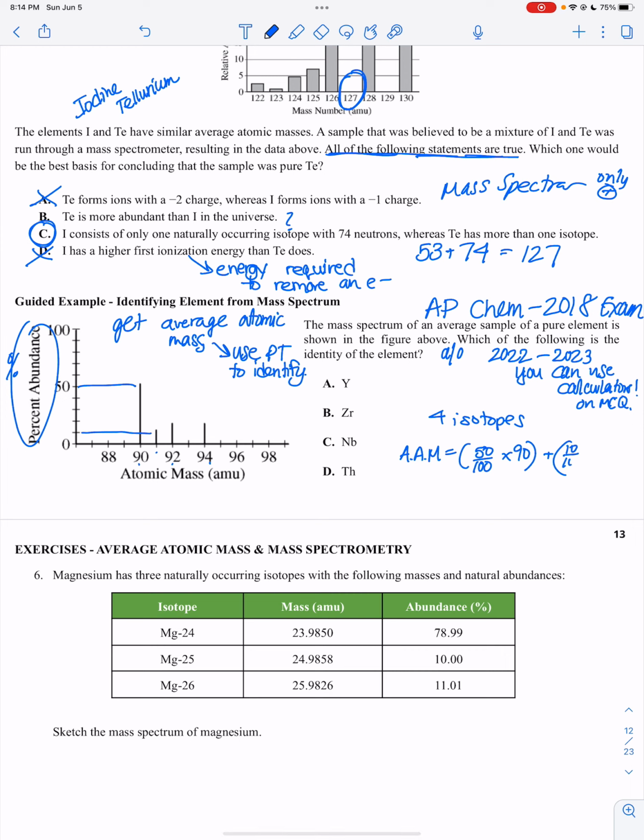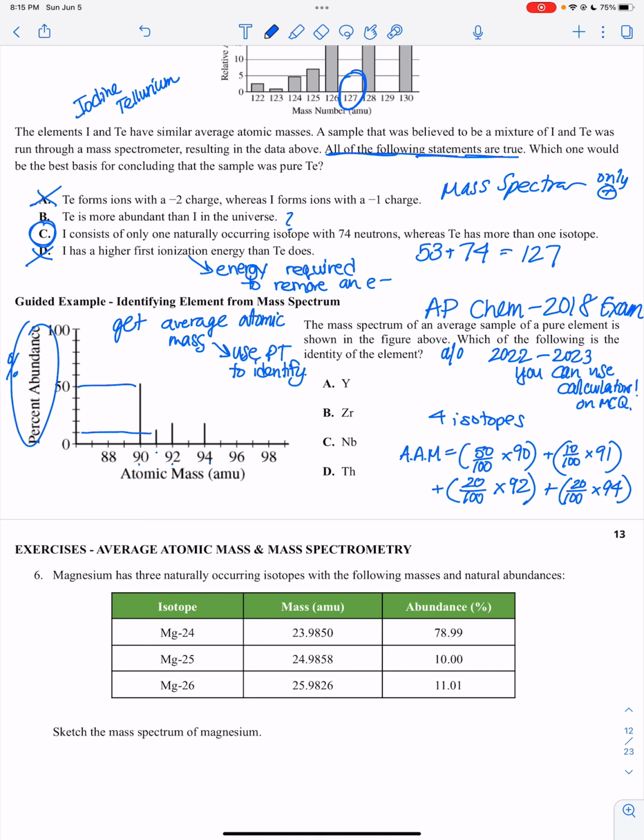So 10 over 100 times 91. Plus, this next one looks like 20. 20 over 100 times 92. Plus, there's no 93. I have 20 over 100 times 94. Luckily, 50, 10, 20, and 20 adds up to 100%. The sum of your percentages should add up to 100%.